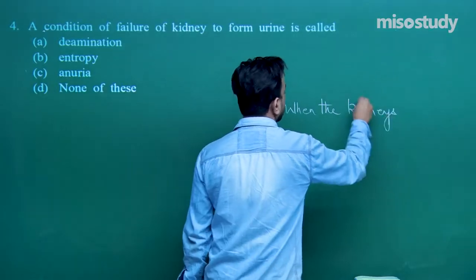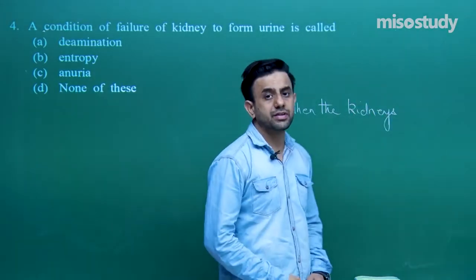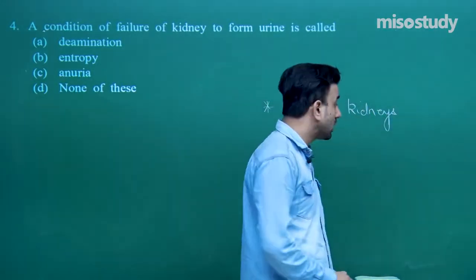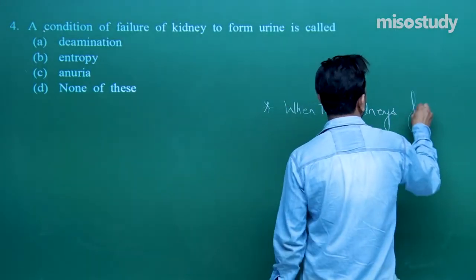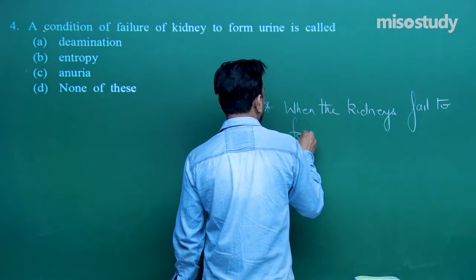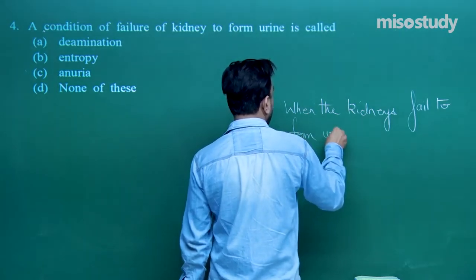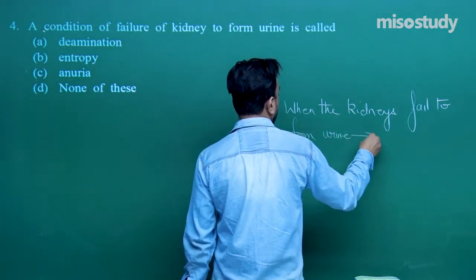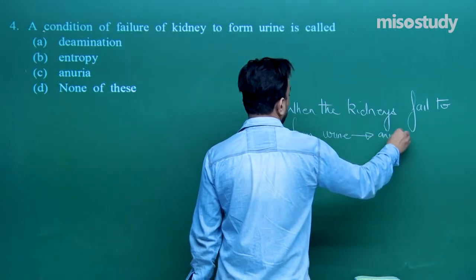When the kidneys fail to form urine, we call it an anuria condition.